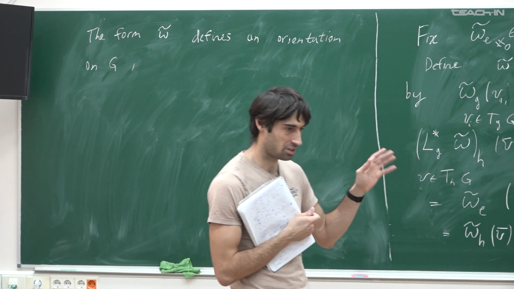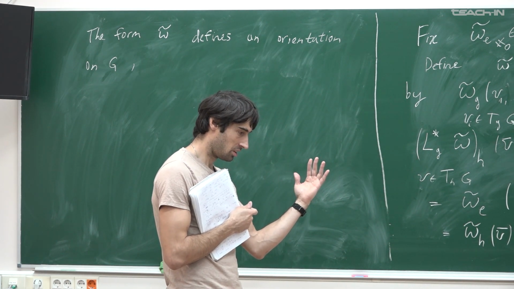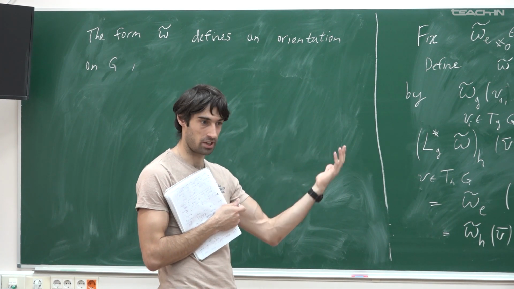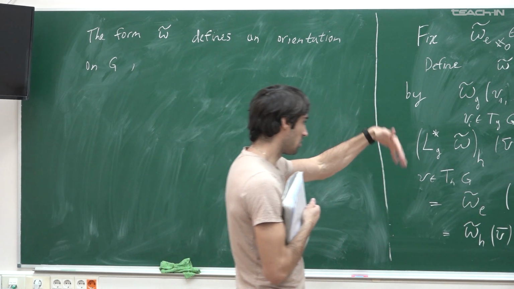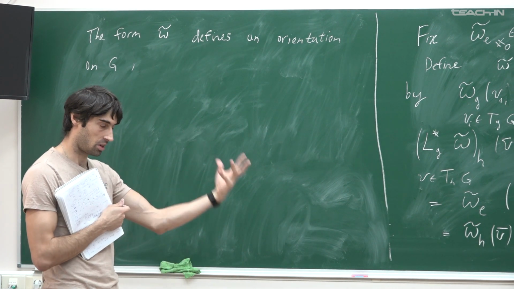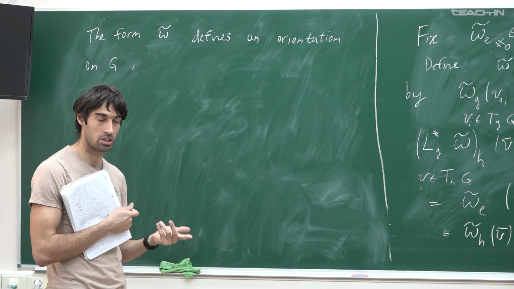If you put a form with a corresponding order and try to replace it to get your form in these coordinates, you get either plus or minus. So the coordinates that are plus are all consistent and give you a consistent choice of bases at every point that gives orientation.